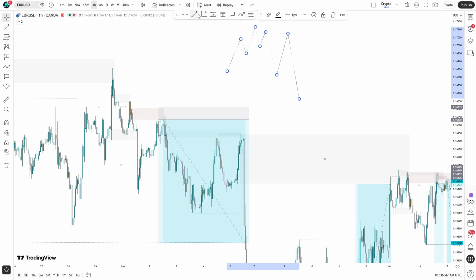This is it. So how do I break to the upside? So demand mitigation, supply mitigation. This is the main engine.